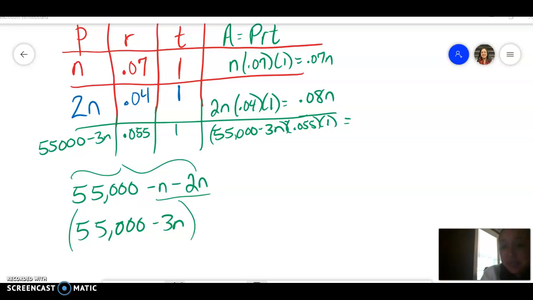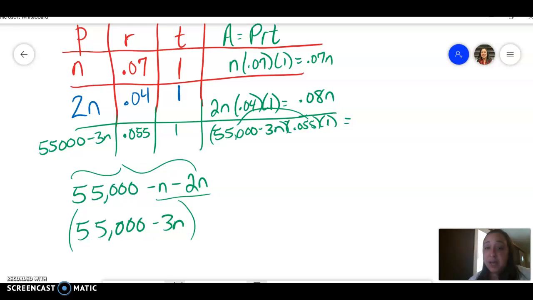If I simplify that, let's simplify this using my distributive property. I know that 1 times anything, that 1 does not change the value of the number, so I'm not really going to worry about that 1 that's there. I'm going to use my calculator because I don't want to mess up these numbers for you guys.